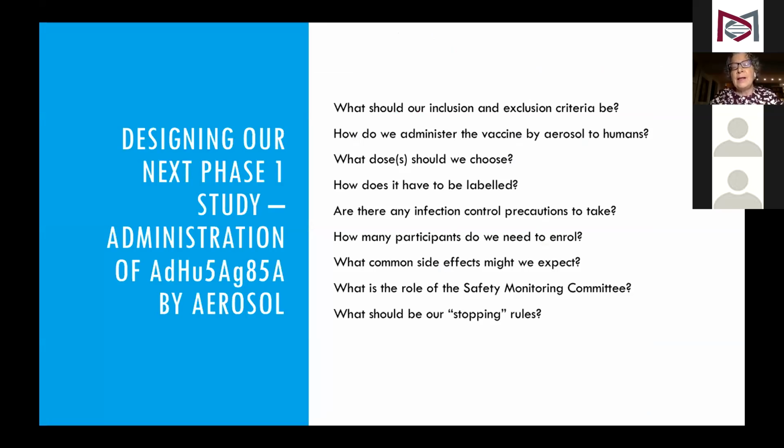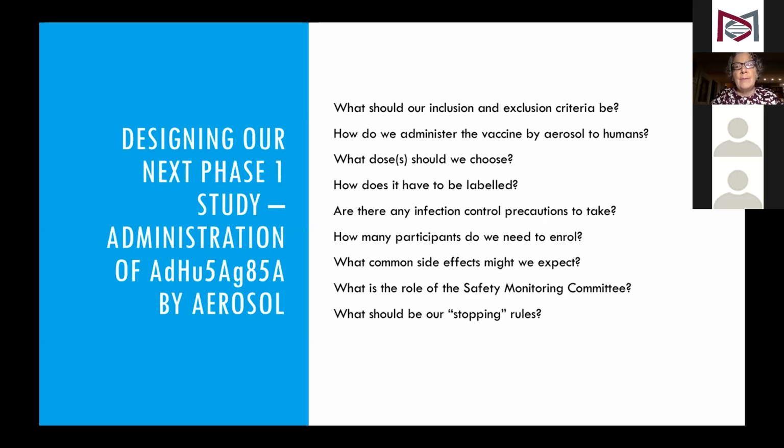So as you'll recall from the initial preclinical studies that I presented, the intranasal route of vaccination was demonstrated in the animal models to be more effective in preventing tuberculosis.